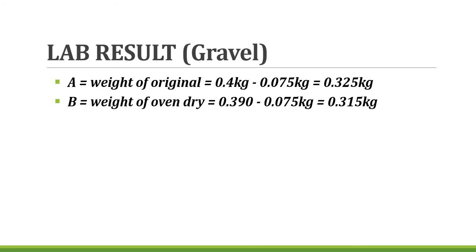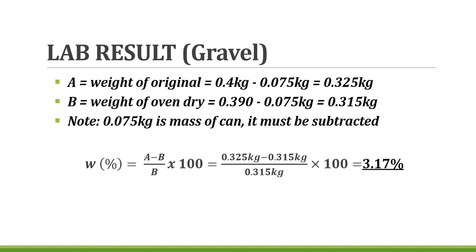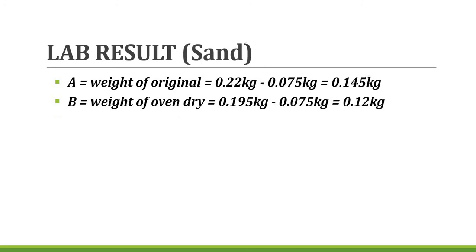B, the weight of the oven dry sample, is 0.39 kilograms, but we will neglect the 0.075 kilograms of the can, so it is 0.315 kilograms. Note that 0.075 kilogram is the mass of can, it must be subtracted. So by inserting the lab result, we get the moisture content of the gravel as 3.17%.